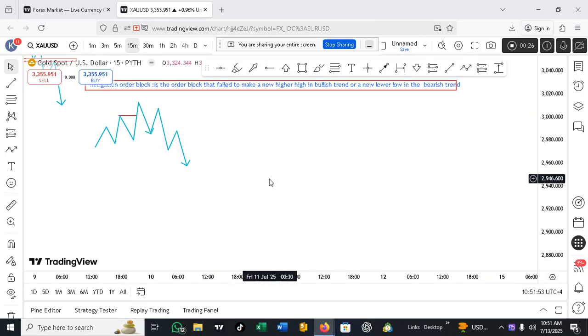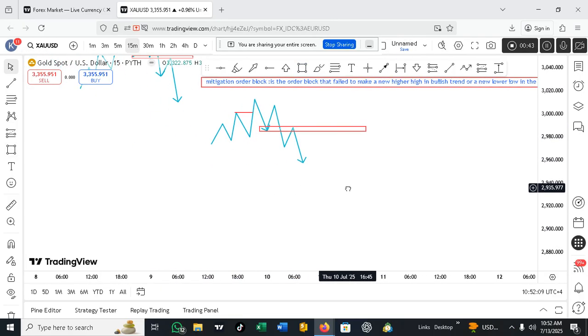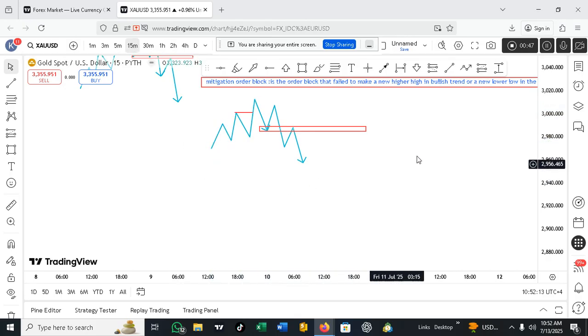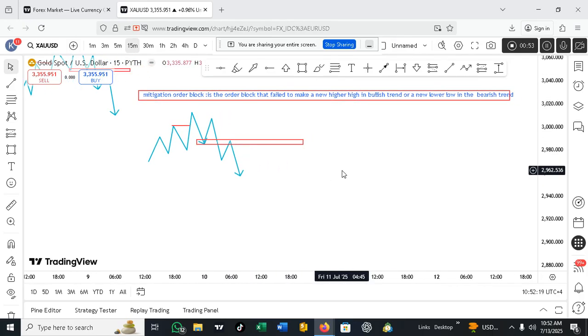Mitigation order block. Remember we said it is an order block that failed to hold price, either in a bullish market or in a bearish market. So we mark this one as our mitigation order block. The market will come and test it and change the statement from bullish to bearish.